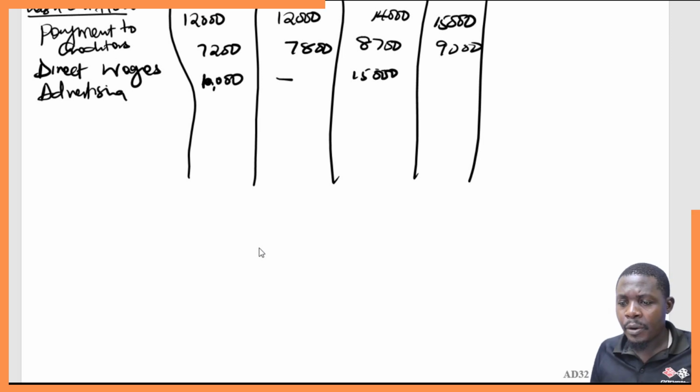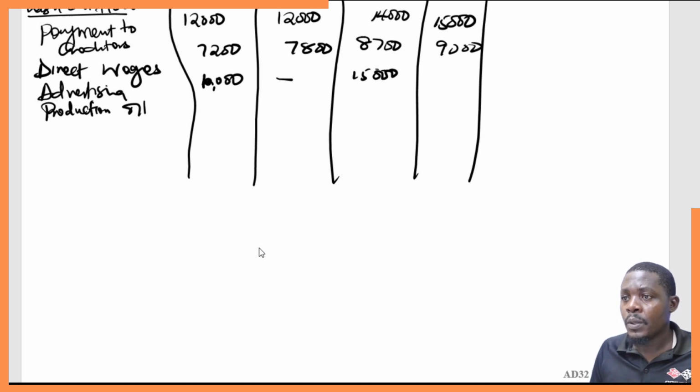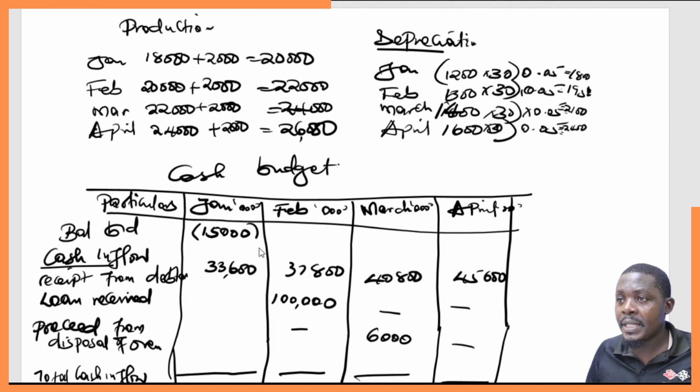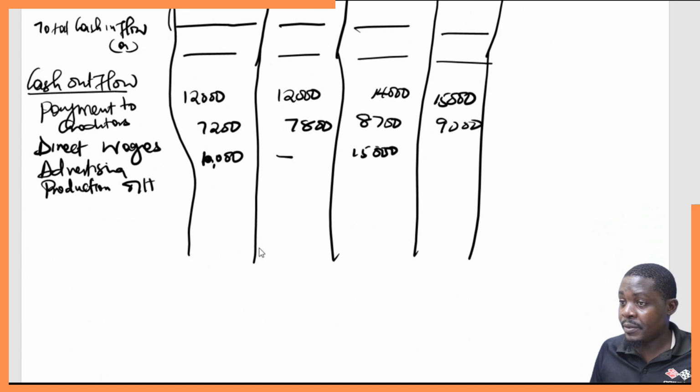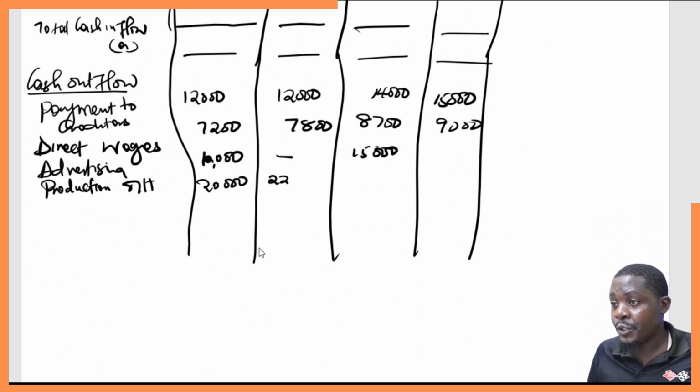What else? We had production overhead. Production overhead for January was 20,000, 22, 24. It was increasing by 2,000, remember. Now in this case we had 20,000, 22, 24, and 26.